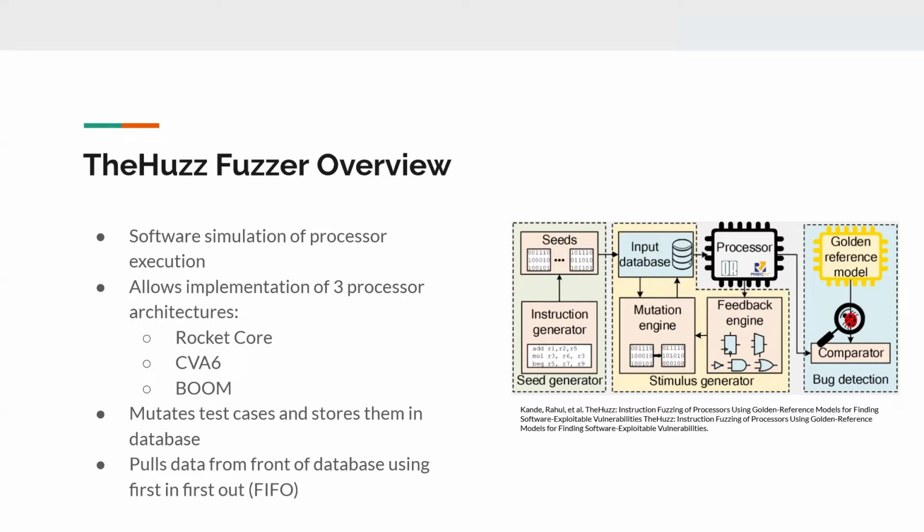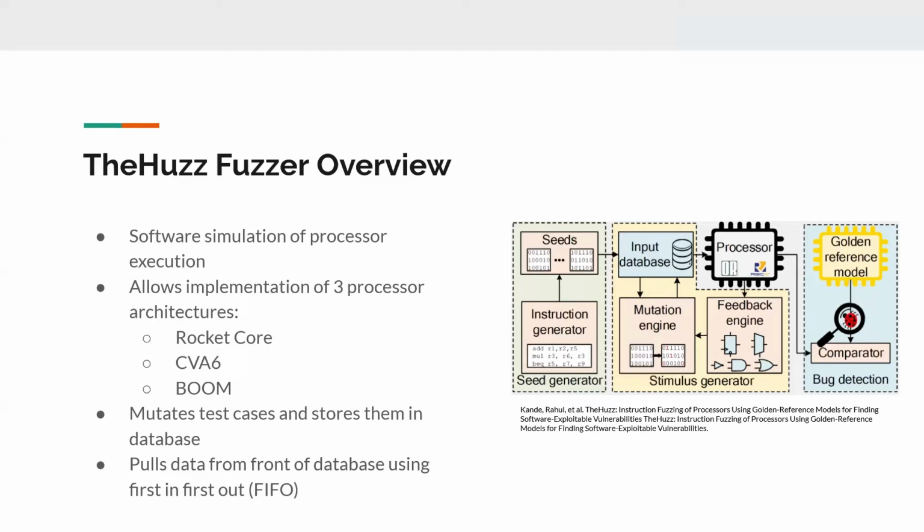And so the way that this software works is that it would take an instruction generator and turn it into a seed, which would then be put into the input database, which is where all of the different test cases would be stored that we would use to input to the processor.